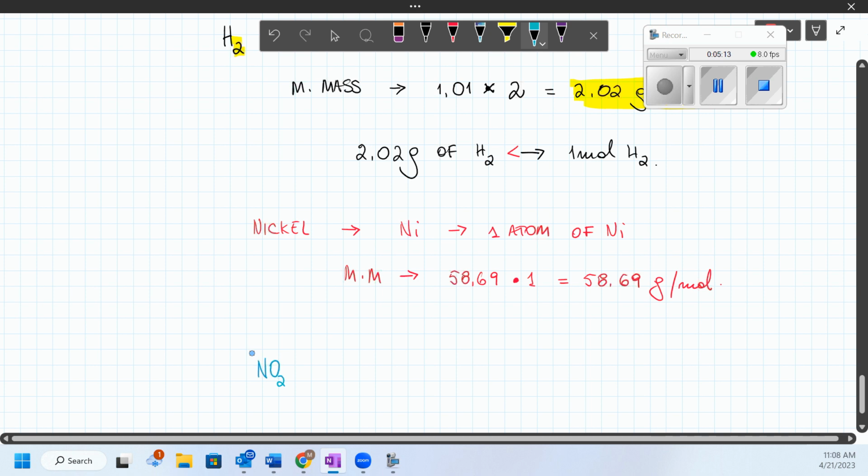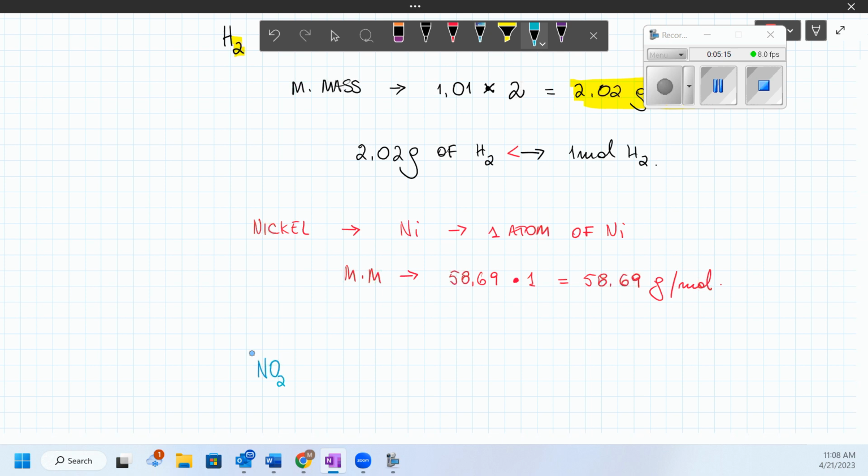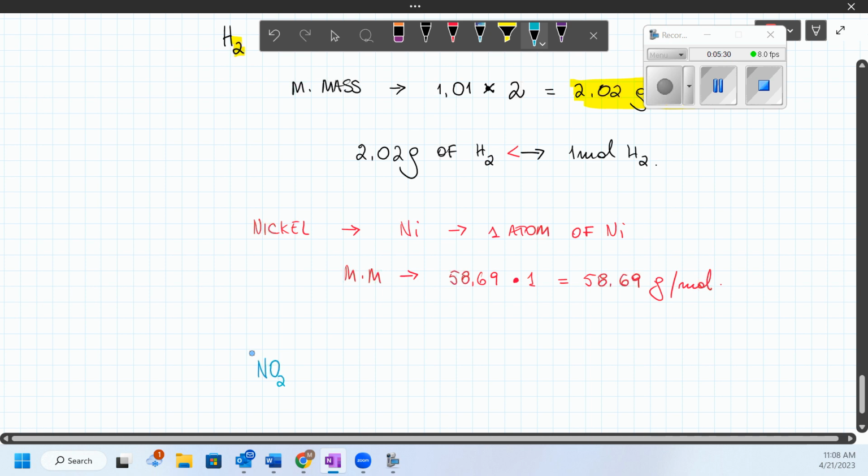You know, if you put your fingers to nitrogen and oxygen, they are close to each other, which means that they are sharing pairs of electrons. Another thing is when we are saying it is nitrogen dioxide, we are using the molecular way of the IUPAC rules.